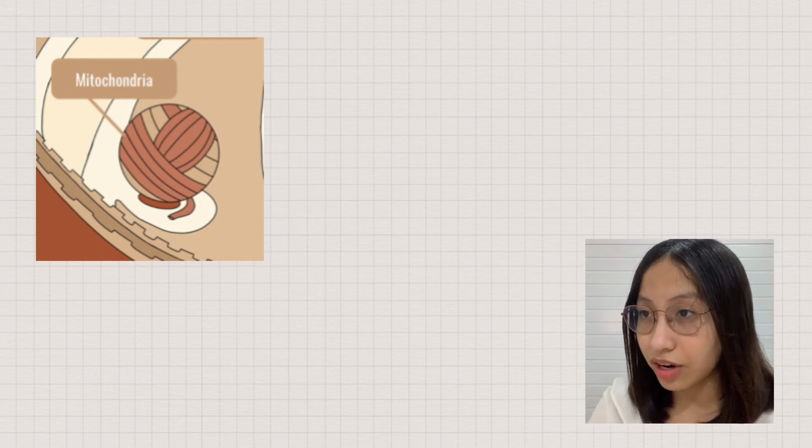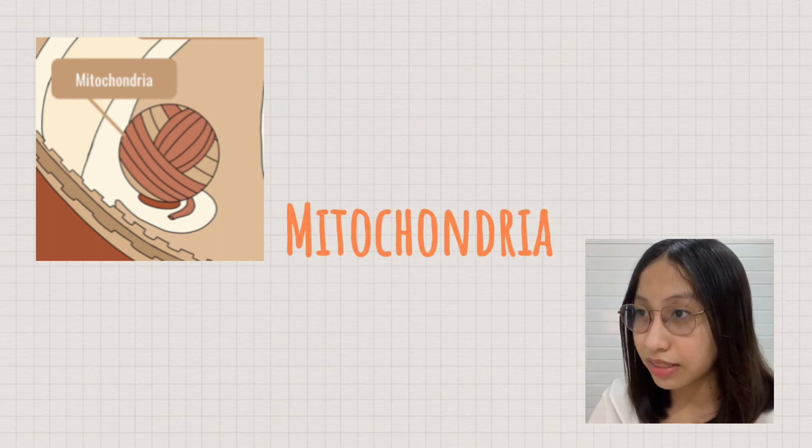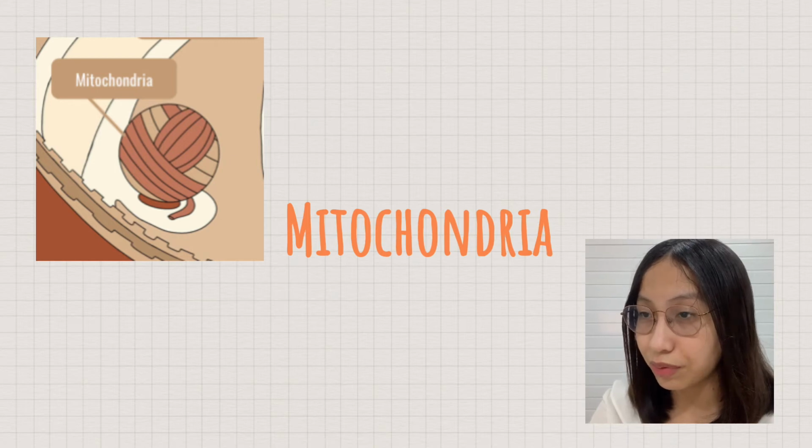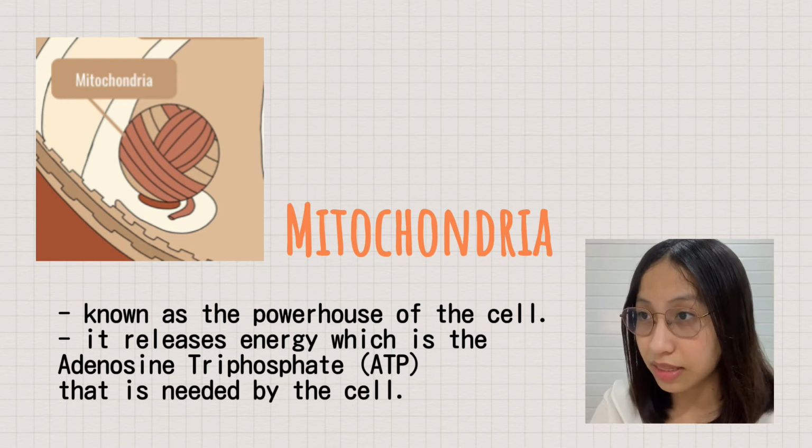Moving on, the ball of magical yarn is the same as the mitochondria. The yarn building releases magical energy that is needed for work in order to perform the activities inside the kingdom. In the same way, mitochondria, known as the powerhouse of the cell, release energy, which is the adenosine triphosphate that is needed by the cell.